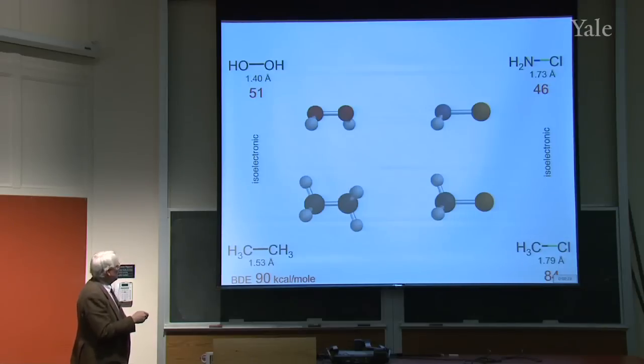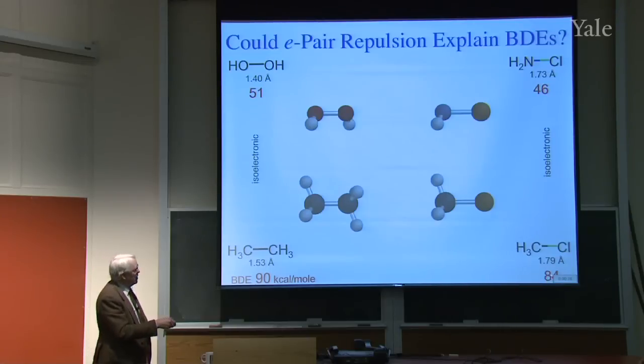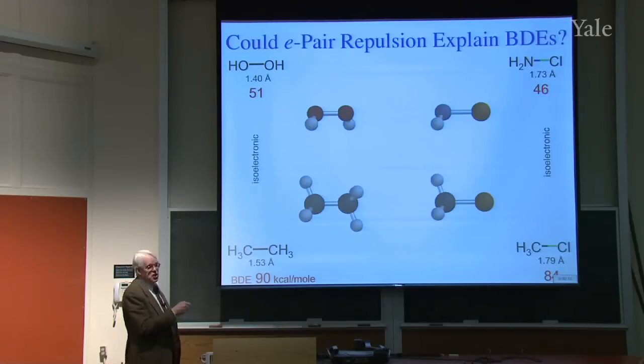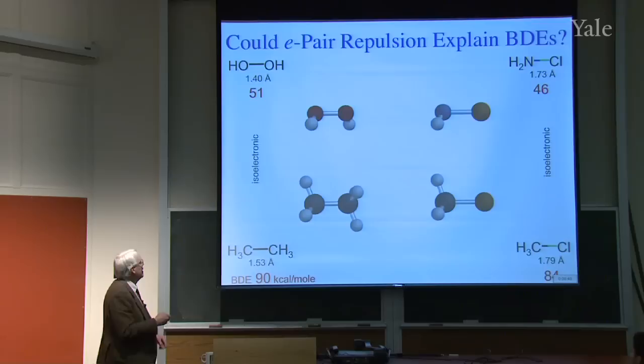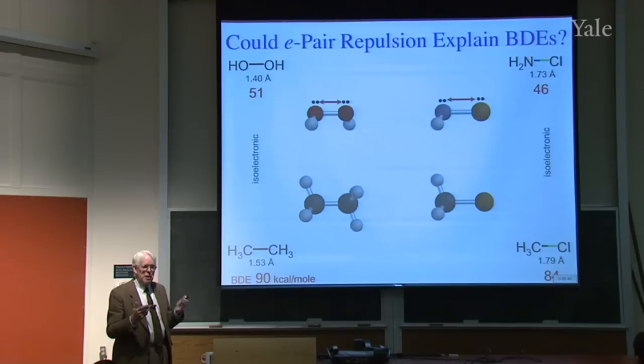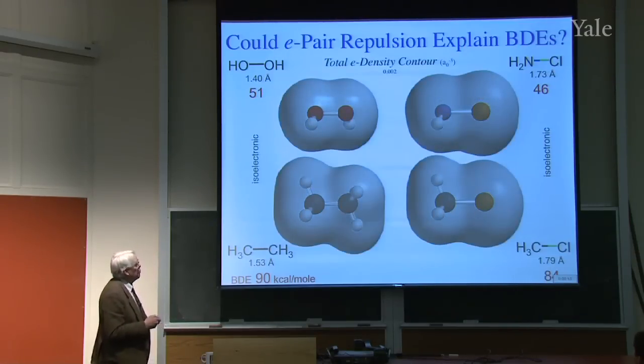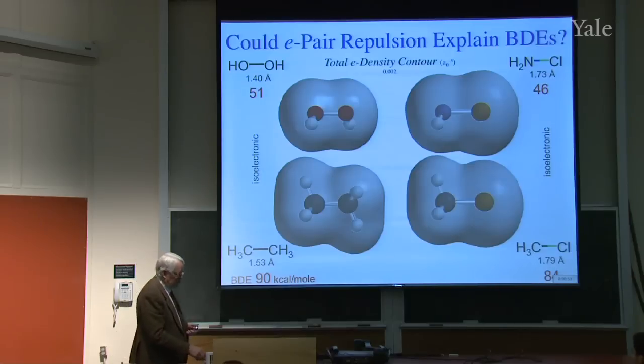Now, if you look at the bond dissociation energies, this one is twice as strong as that one, and this one is nearly twice as strong as that one. So what makes the ones on the top so weak when really it's the same number of electrons involved up and down? Okay? Well, what you notice is that on top you have lone pairs on the atoms that are being bonded, which will repel one another. So the idea I expected was that that would weaken the bond. Now, is this plausible?